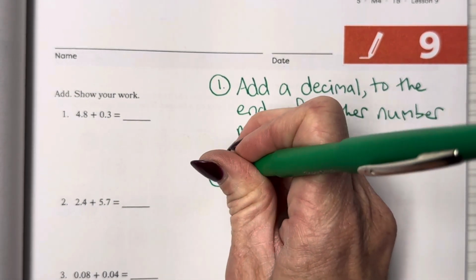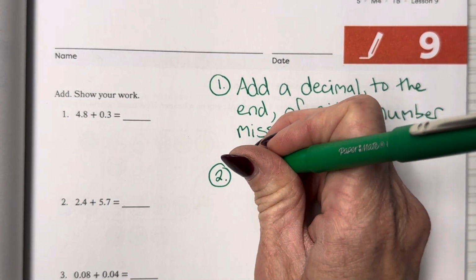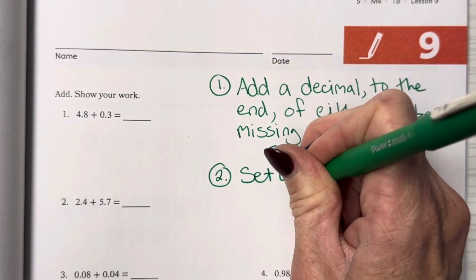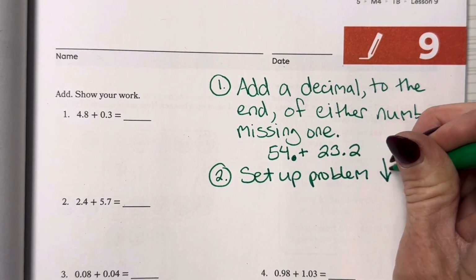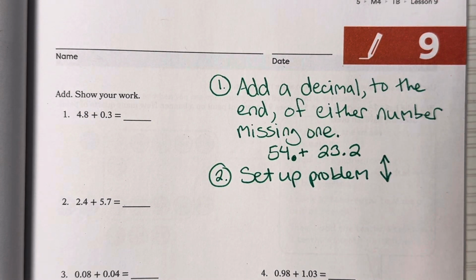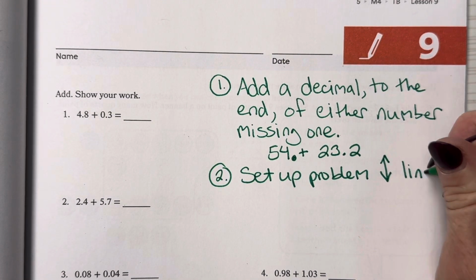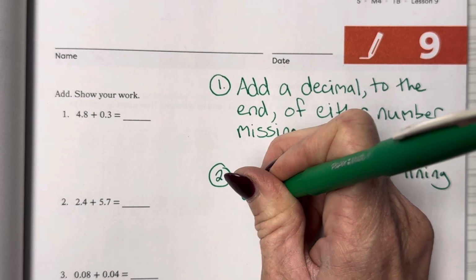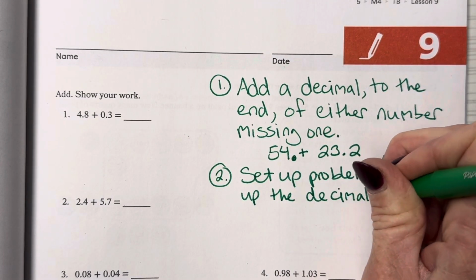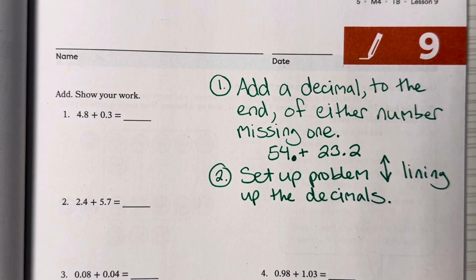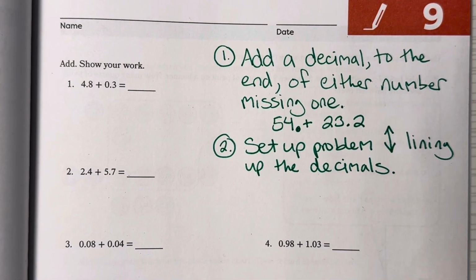Okay, step two is we're going to set up the problem vertically, which means up and down, lining up the decimals. So we're going to set up our problem vertically, lining up the decimals.